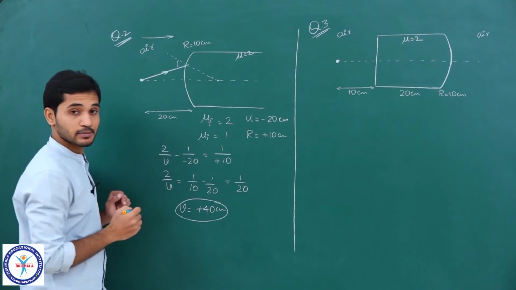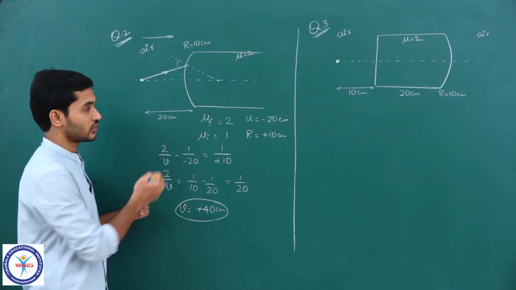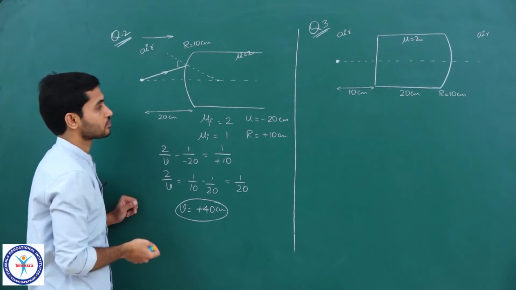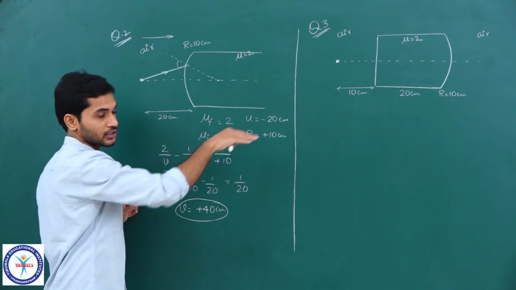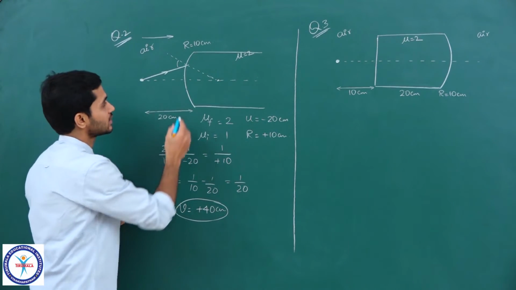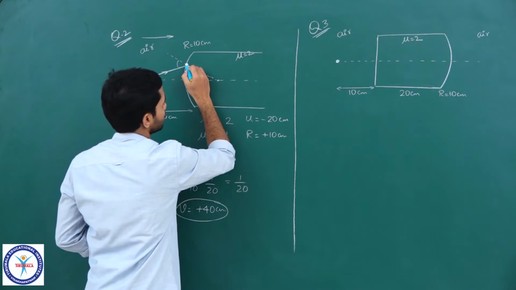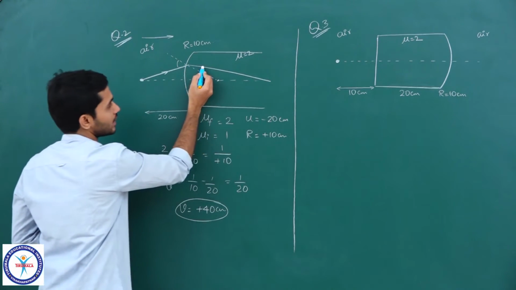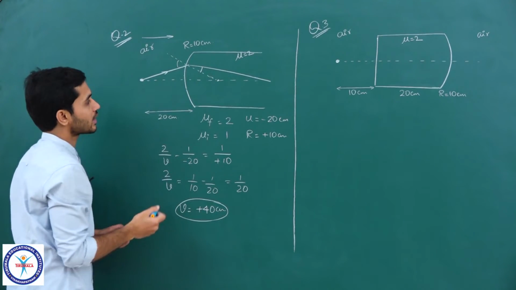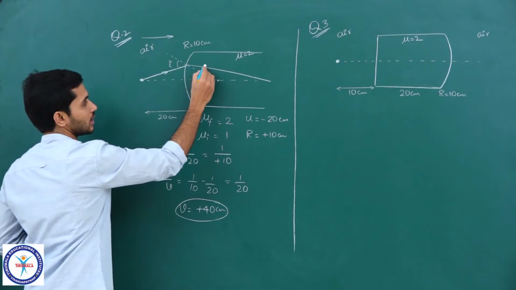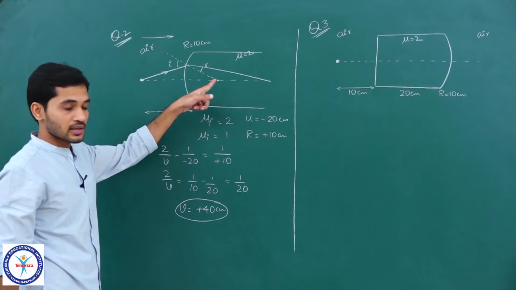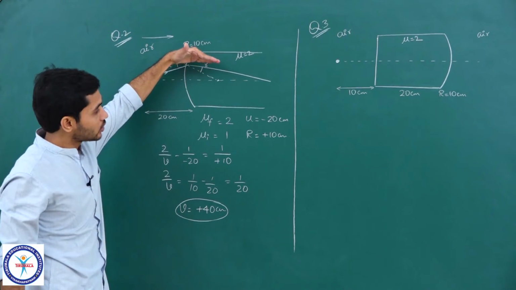Now, what does plus 40 mean? Is it on this side or that side? Plus indicates in the direction of incident ray, correct. Which means this light ray after refraction is traveling something like this. So, it is bending towards the normal. You can see from the diagram that this is I and this is R. R is lesser, which means the light ray is bending towards the normal.